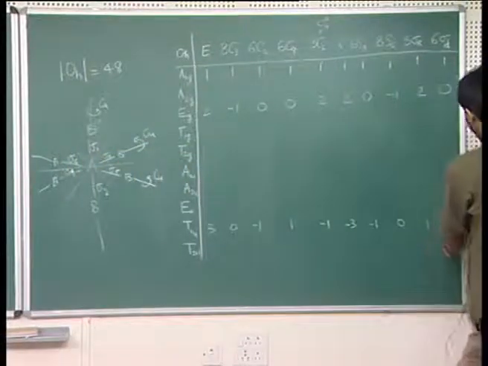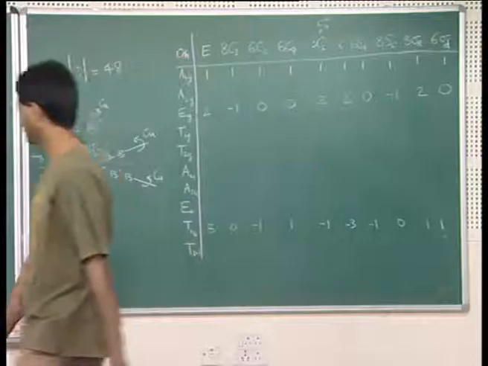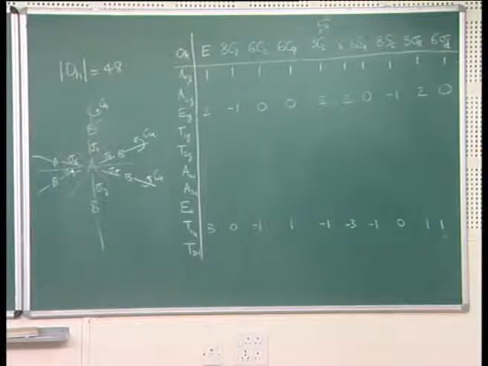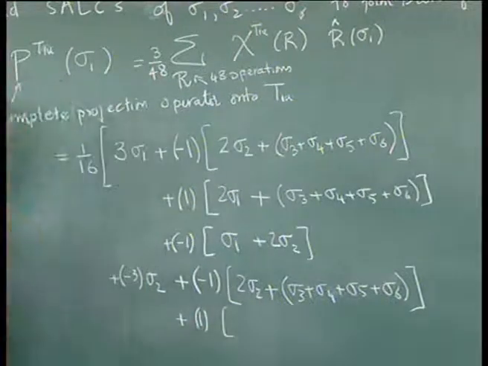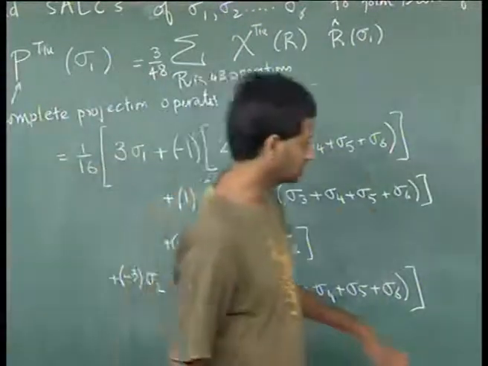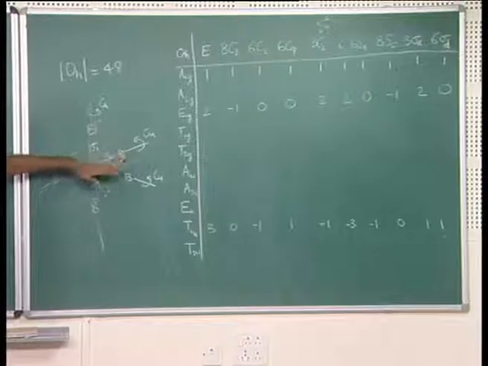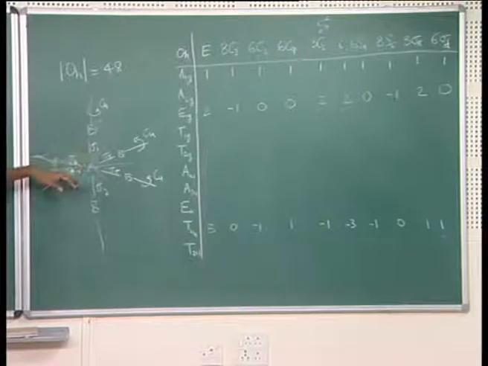Then you have sigma h and sigma d, both have character 1. The 3 sigma h correspond to each of the planes containing 4 atoms.